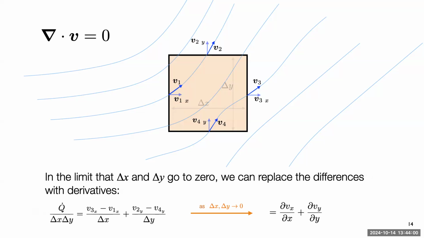So as this delta x goes to zero, that is just calculating the gradient or the rate of change of vx in the x direction. Similarly, this one is just the rate of change of the velocity in the y direction. So the flow rate per unit volume, as I let this volume go to zero, is just dvx/dx plus dvy/dy.